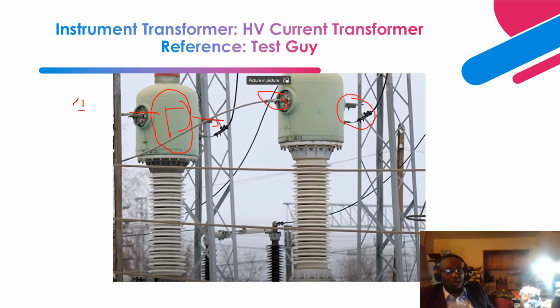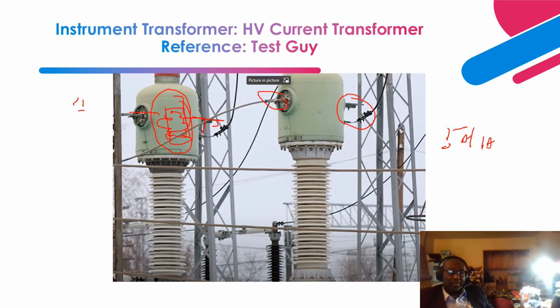We have a core, and around the core is your secondary winding. Then it comes out, and the secondary winding comes to a terminal box, for you to utilize either 5 amps or 1 amp, whichever amperage you need for your device, that is metering or protective relays.